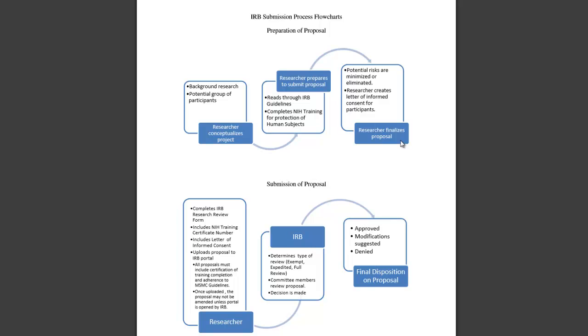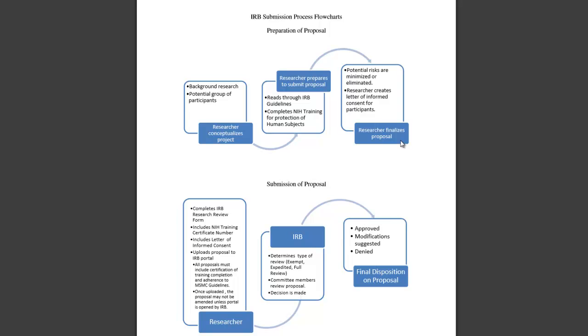The federal government says all proposals must be noted by the IRB, and the researcher can specify the type of the review requested or expected. The IRB sanctions and says, okay, this is exempt, this is expedited, or it requires a full review. So for any proposal that is not a full review, they may be handled virtually, and thanks to the portal, that can be done way more efficiently.